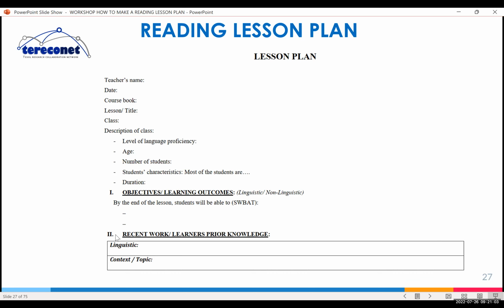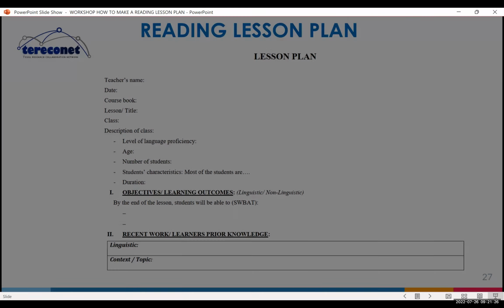Okay, so the next part here in my sample lesson plan, I will talk about the learner's previous knowledge of the previous lesson, like regarding the linguistic, what did they learn, vocabulary about what, grammar point about what, for example, the context and the topic so that you can link the previous topic to the topic of the lesson today, for example.